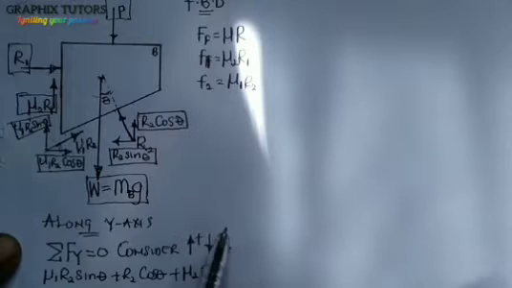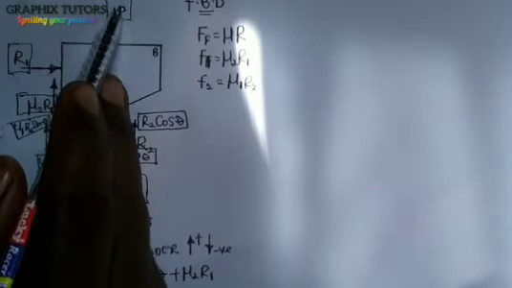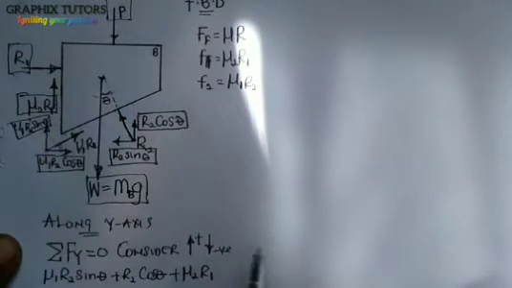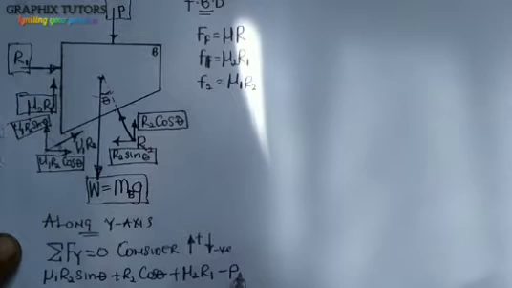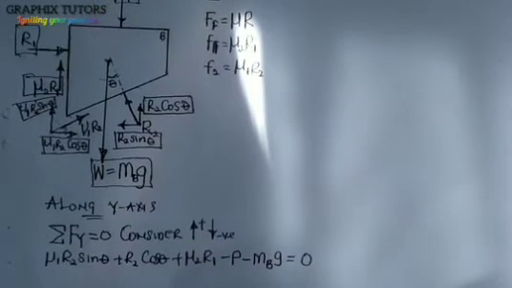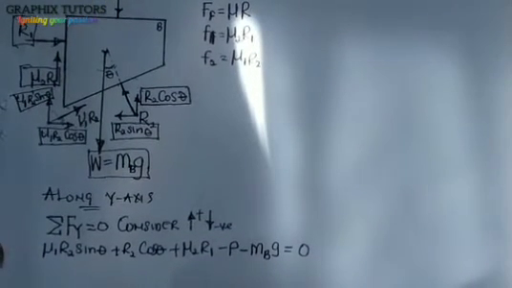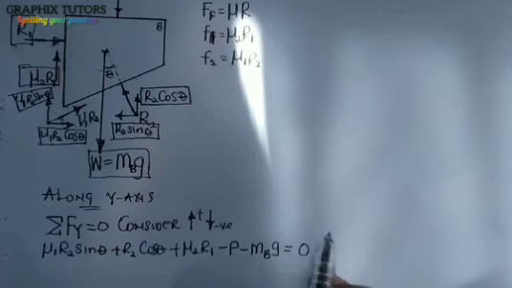Now the other one is facing down in form of P. P is facing down, so it's negative. We have minus P. And the weight W is facing down, so I will not put W, I'll just put minus the mass of B times what? Gravity. So equals to what? Equals to 0. In case the mass is not given. Now rearranging this, I want to eradicate the negative sign, so I'll move them to the other side.